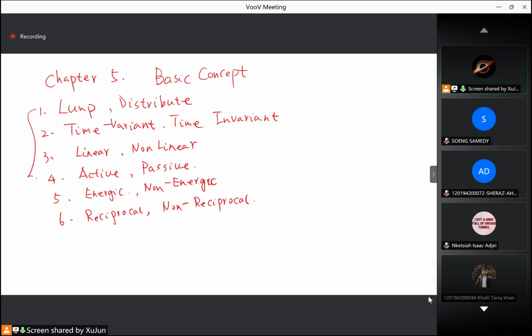We have discussed a total of 6 kinds of concepts for the circuit.